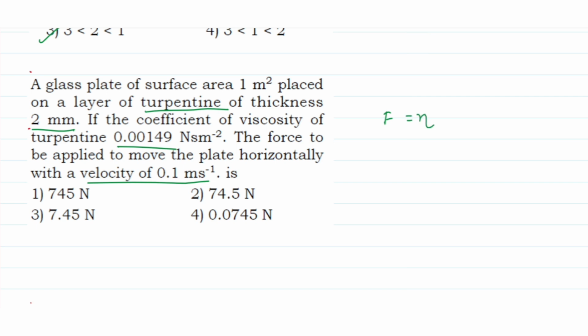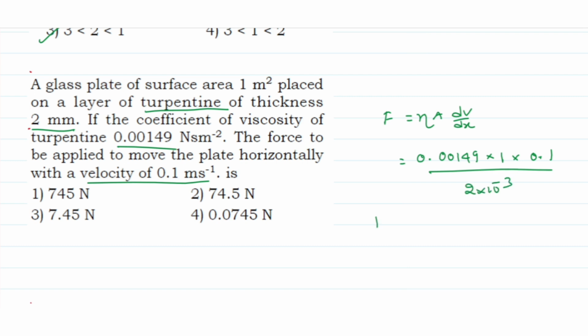F equals eta into A into dV by dx. So here the coefficient of viscosity is given as 0.00149, in SI unit Newton second per meter square, into area, given as 1 meter square. With what velocity you are moving the plate, 0.1 meter per second, by dx, the thickness of the turpentine layer, given as 2 millimeter, which is 2 into 10 power minus 3.